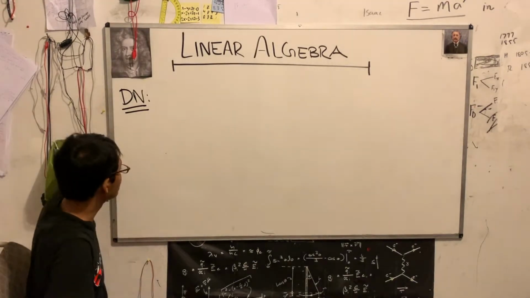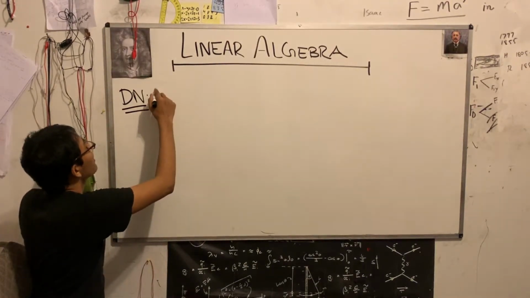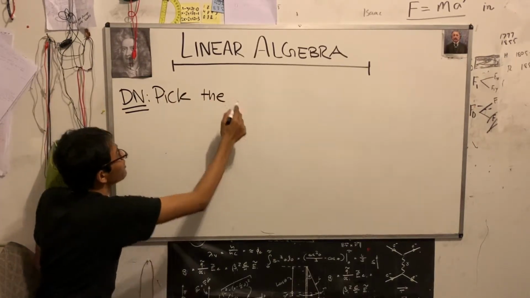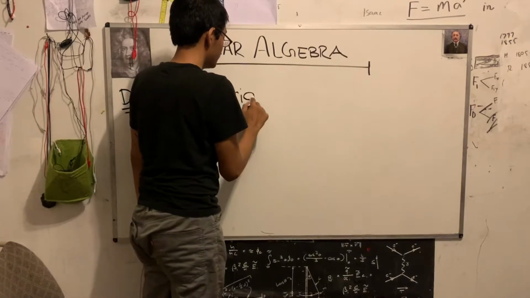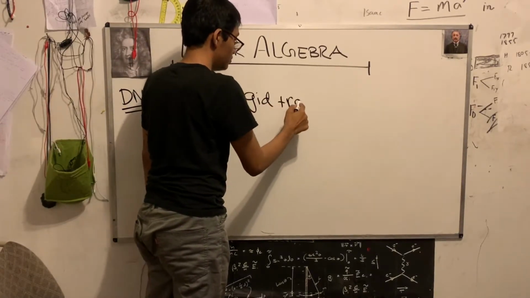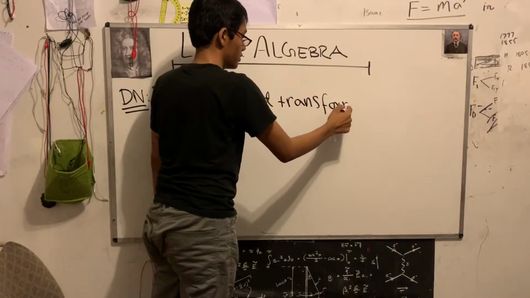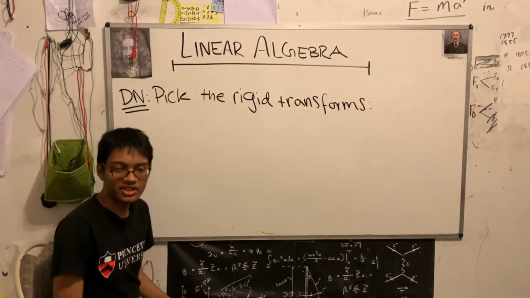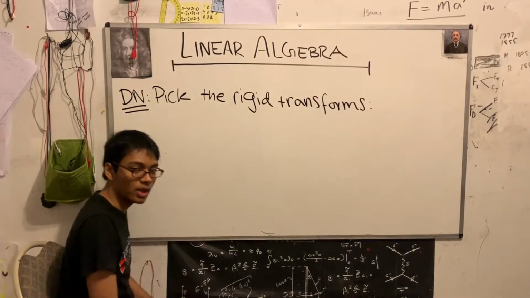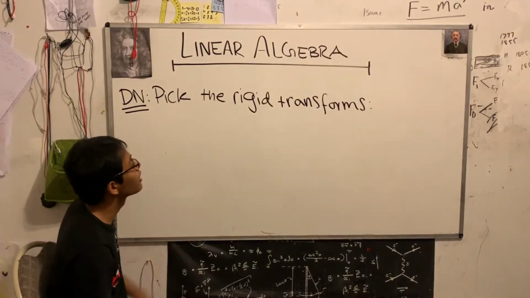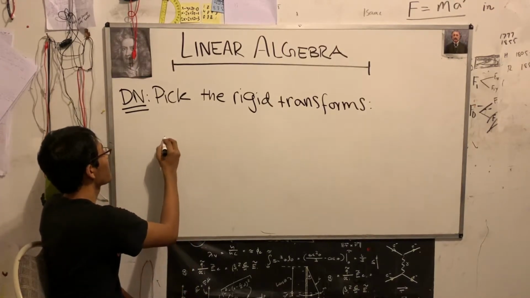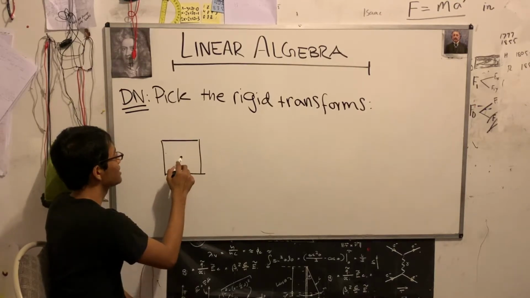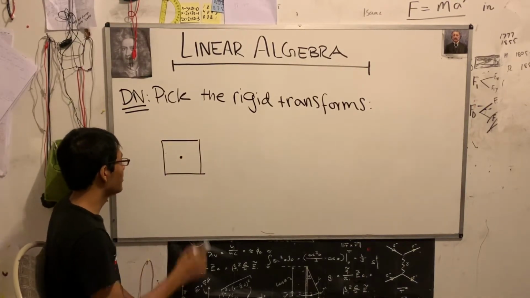Okay, so let's see. Pick the rigid transformations. I'm just going to give you 2 or 3 transforms, and just go ahead and pick which ones seem rigid. So the first one is a square, and it's rotated around its center by 30 degrees.